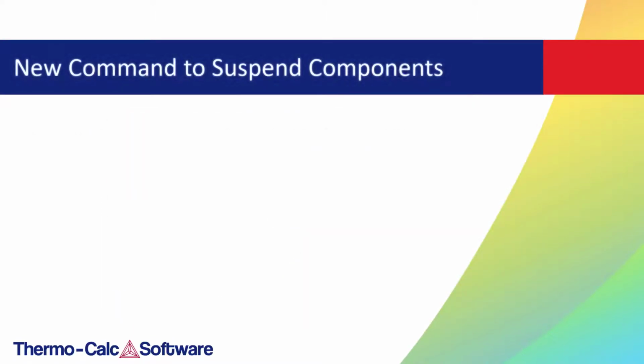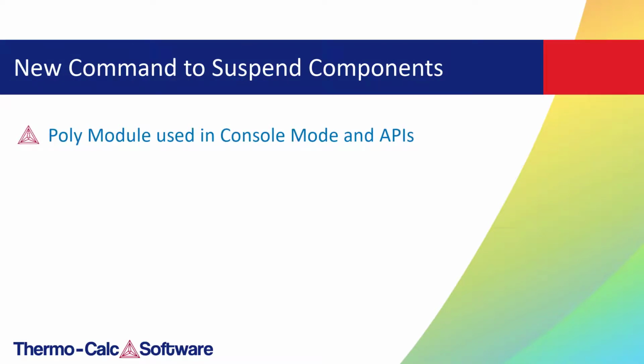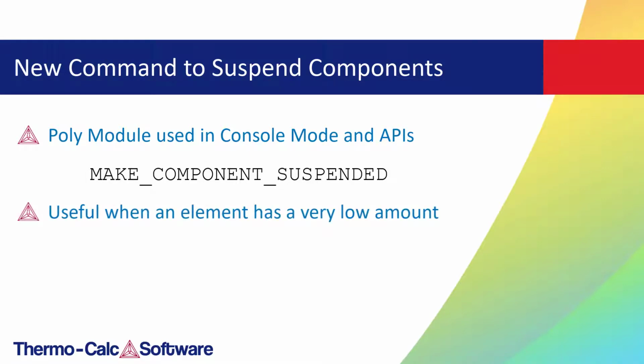The Poly module used in console mode and APIs has a new command which makes it easy to suspend a component: make component suspended. This command is useful when an element has a very low amount because you can now ignore it in the calculation instead of reading the entire system from the database, which can save a lot of time.